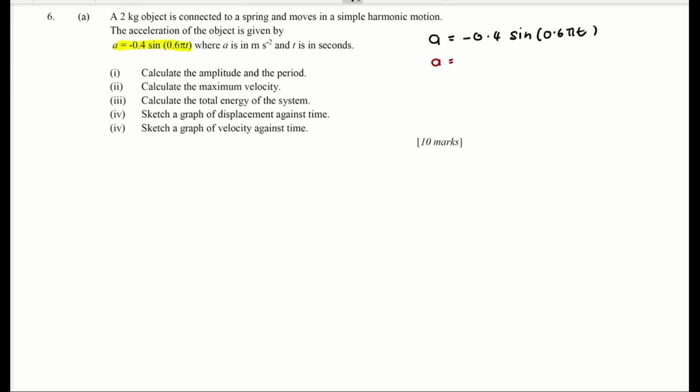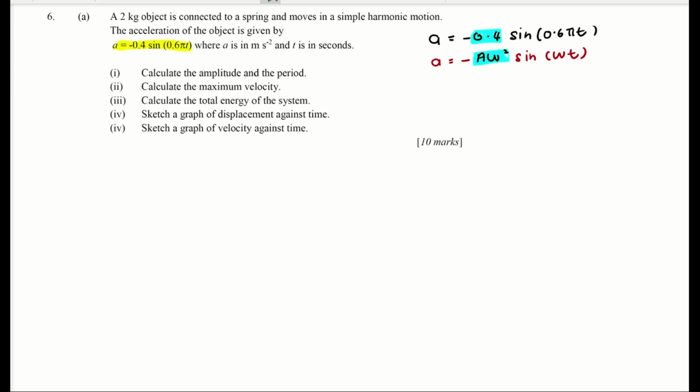So we write the general equation, which is negative A omega squared sine omega t. Based on this equation, you can see here that this is the value of A omega squared.